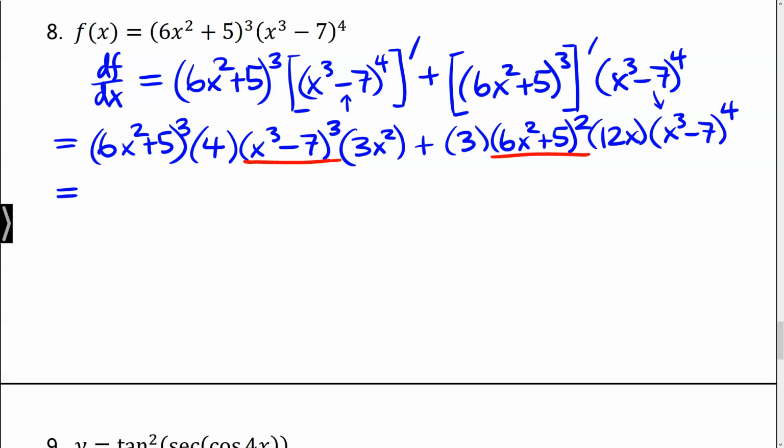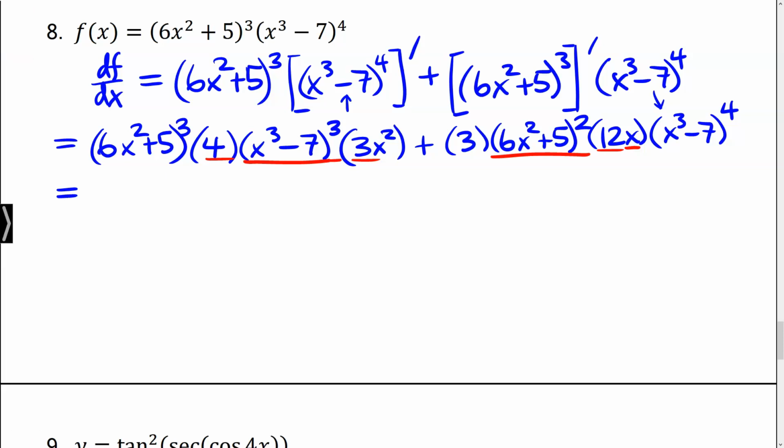Now, is there anything else we can take out? Well, actually there is. There's an x there, and there's also an x over here, and there's a factor of 12 there and a factor of 12 there. So actually, there's quite a bit we can factor out, and this is what trips people up. I think it's the algebra, figuring out what exactly we're factoring out and what's left over.